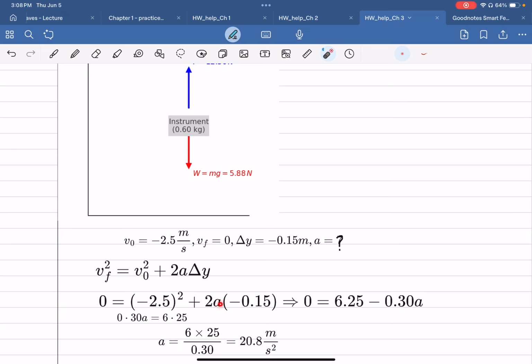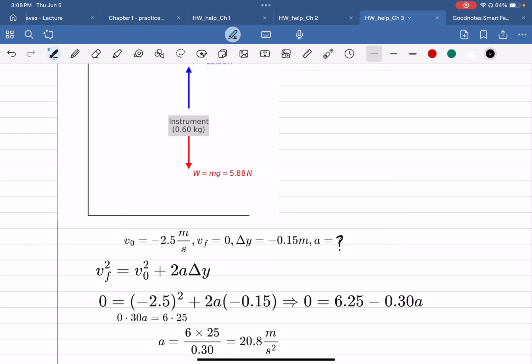You have to leave a as a because you don't know its number. And then this, when you square a negative number, it becomes positive. That's why it's 6.25. Next step, add 0.30a to both sides. It'll cancel out here, so that's why you have this. Last, divide both sides by 0.30.